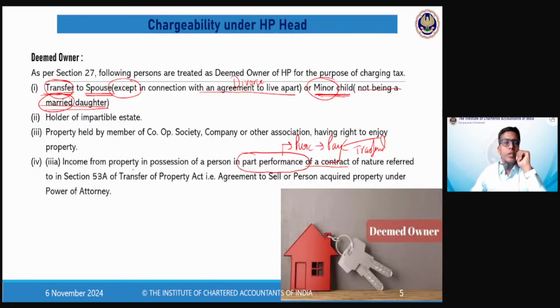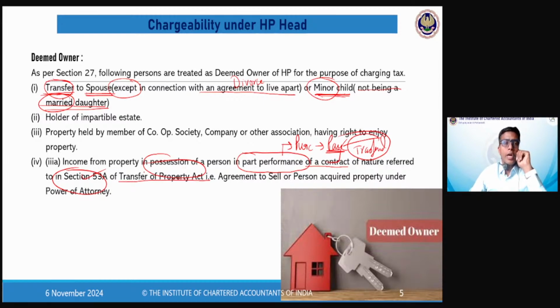Now, section 53A of the Transfer of Property Act, this new section was added. Earlier, this section was not there. But to handle this practical scenario, this new section was added, which said that if you have possession of that flat, that is, you are staying in that flat, and you have made payment for the flat, then even though the flat is not transferred in your name, we will assume that you are the owner.